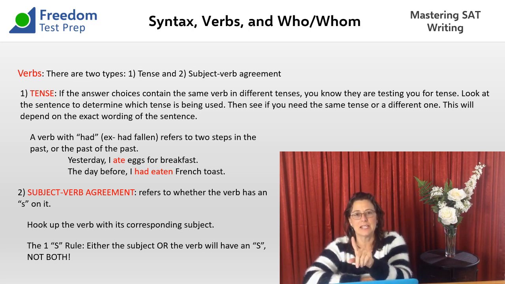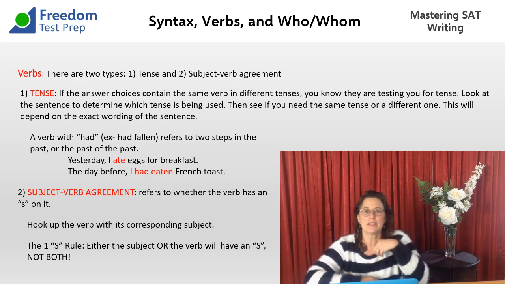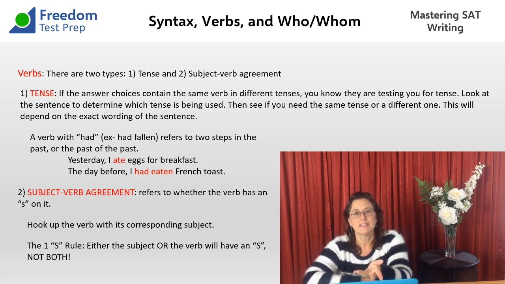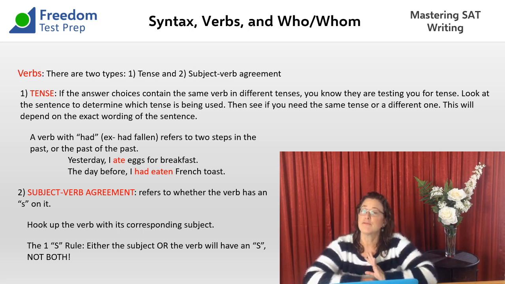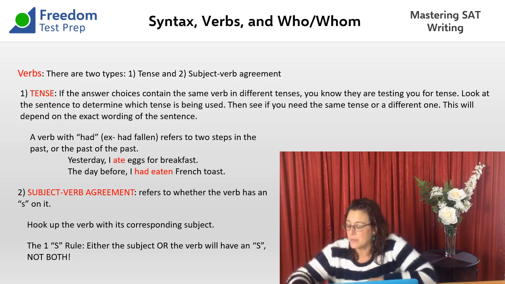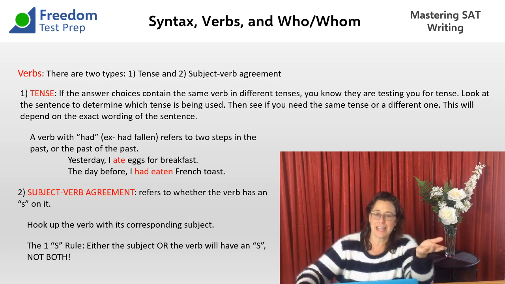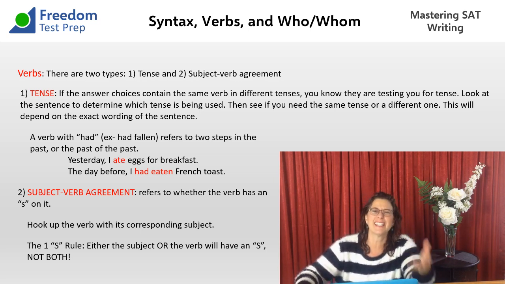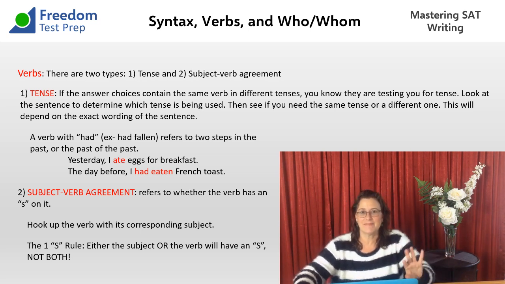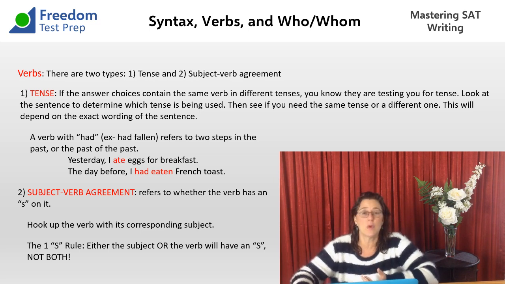Only one gets the S. Now, if you make the subject have the S, so it says the dogs, then the verb is bark. Get it? The 1S rule. It's really helpful. So the people, no, people doesn't have an S on it, literally, but it is plural. So that's the exception to the rule, or the nuance about this.